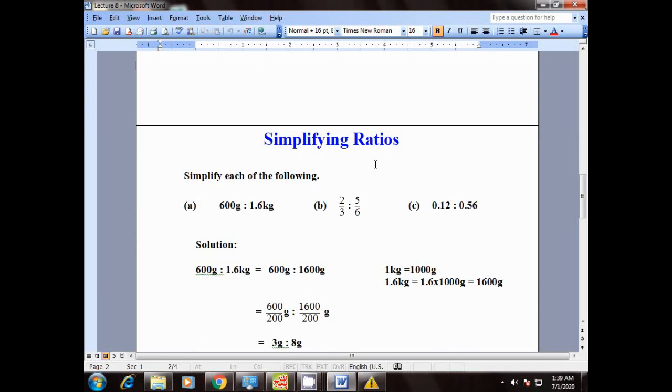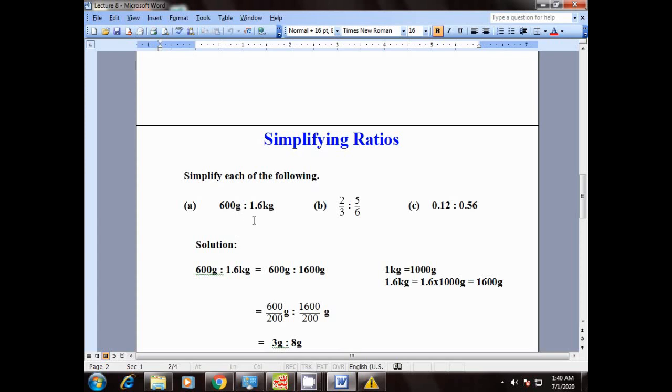For example, in the first part, we have 600 gram and 1.6 kilogram. We have different units, gram and kilogram. So first of all, we will change this kilogram into gram. Let's solve this question and simplify this ratio into its simplest form.